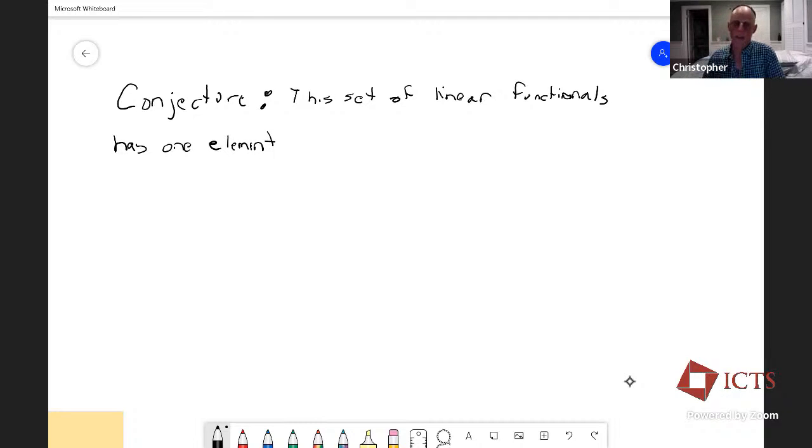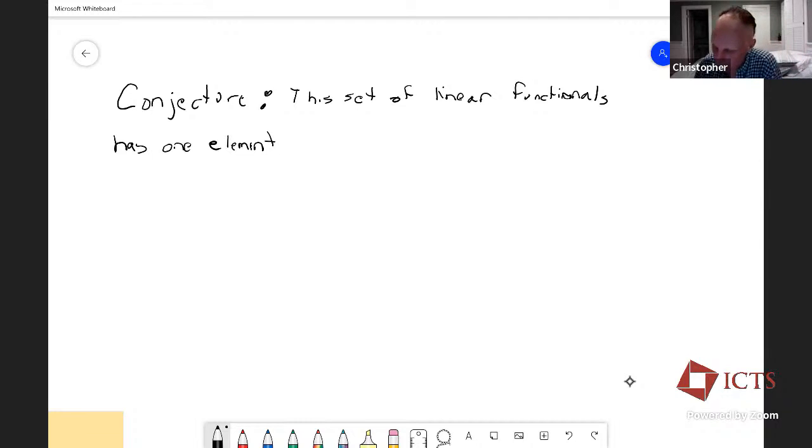Well, this set of linear functions is indexed by the 0 line. Any linear function in the plane, I need to know two things. I want to say that it has one direction that it's 0, and then I need to know how fast it's growing in some other direction. I want to say that for every line through the origin, there exists a geodesic whose Busemann function has a level set that is asymptotically parallel to that line.